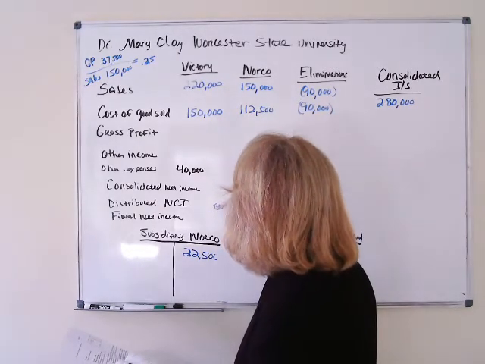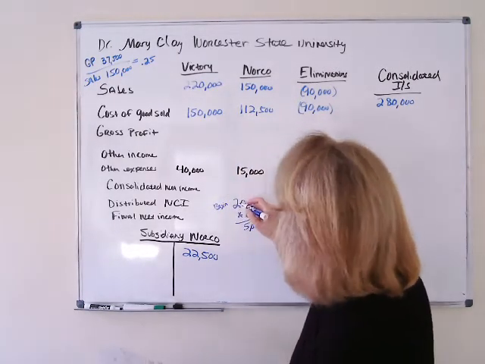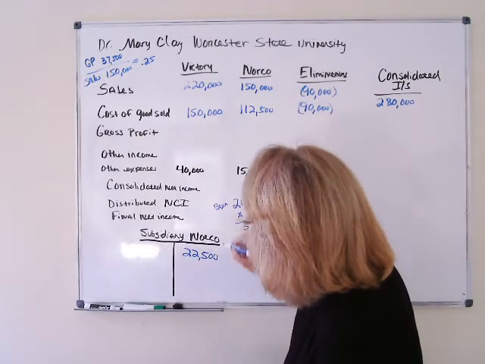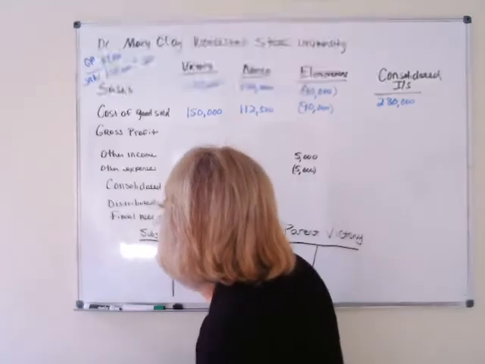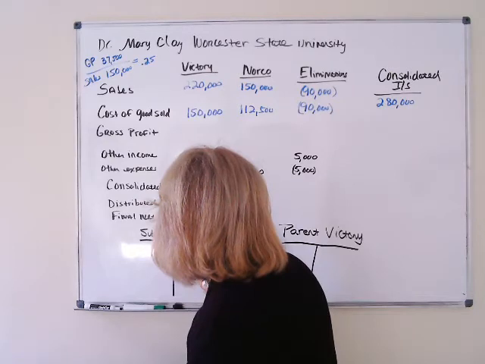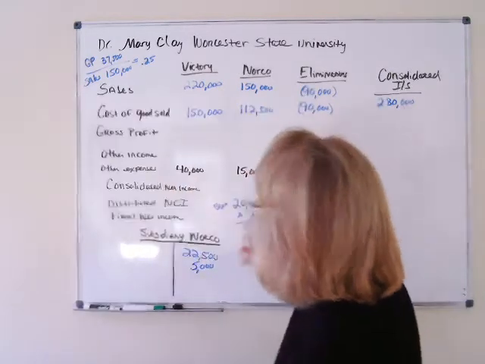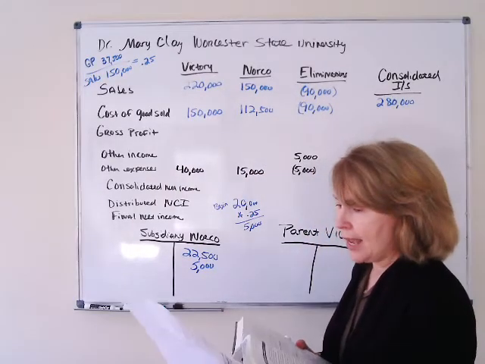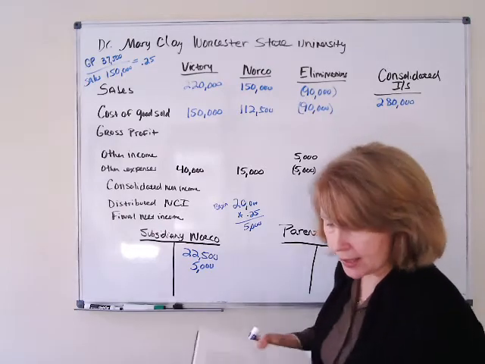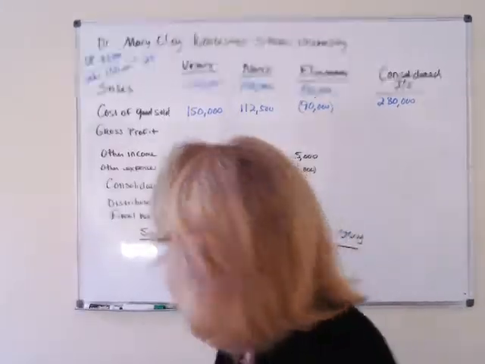Okay? So beginning is your realized profit. This 5,000 I'm going to bring right down here, and this will be realized. The ending inventory, I am going to take the 30,000.